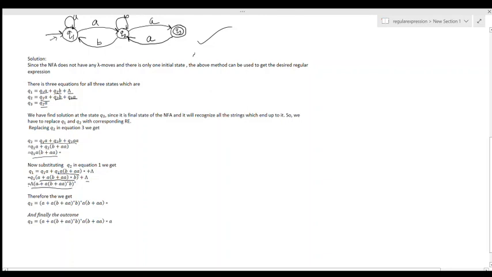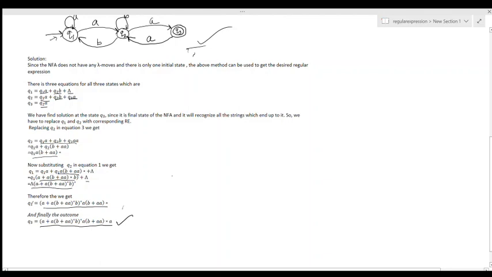Finally we apply this Q1 to Q2 to get the final regular expression for Q2. So we obtain this. Now in the last equation we have to replace Q2, so we finally obtain this regular expression. This is the result for the corresponding NFA.